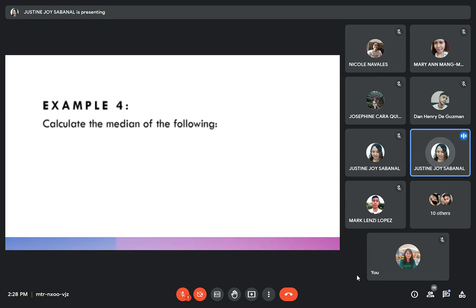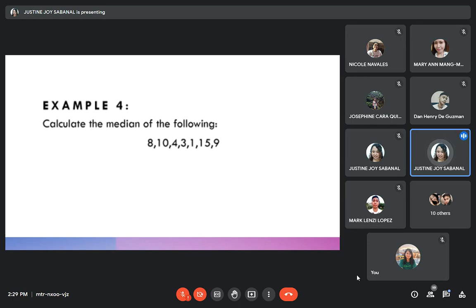If the data is an odd number, there is only one centermost value. But if it is an even number, you will determine two values as the centermost values for the median. For this example, we have 8, 10, 4, 3, 1, 15, and 9.